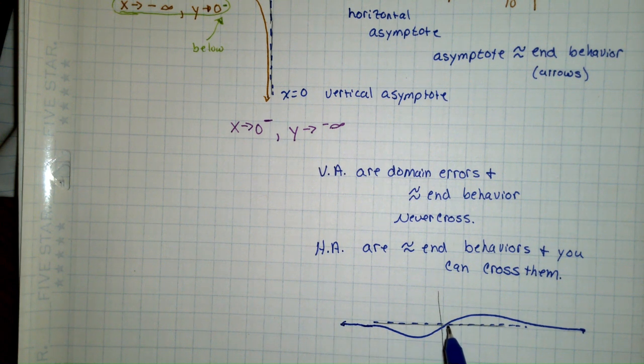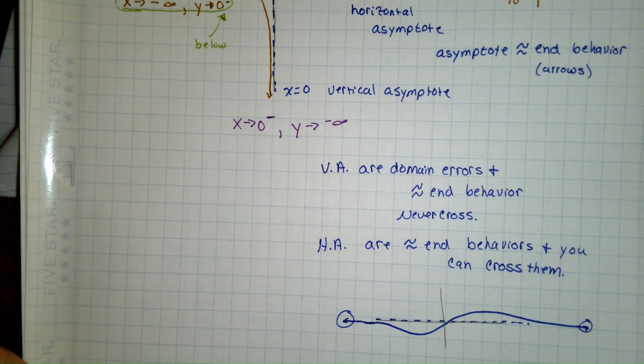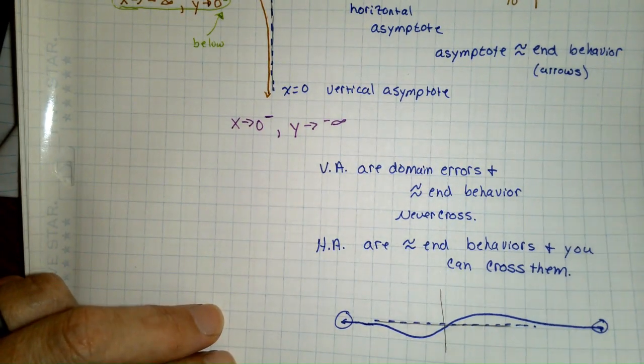So it crossed here in the middle, but still it has a horizontal asymptote at 0. So there are some weird graphs out there. You can cross a horizontal one. The whole point of an asymptote is to indicate end behaviors, or your arrows. That's technically extra, but just in case you were curious.